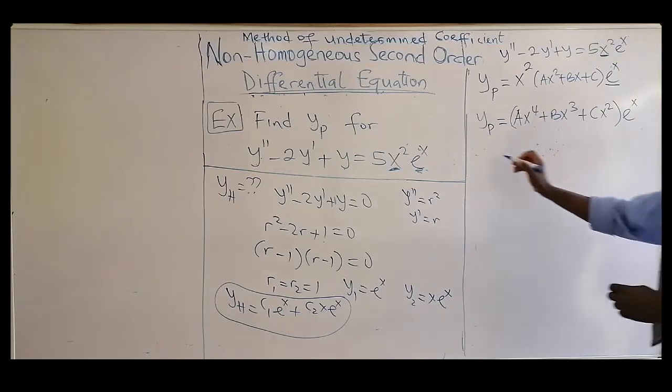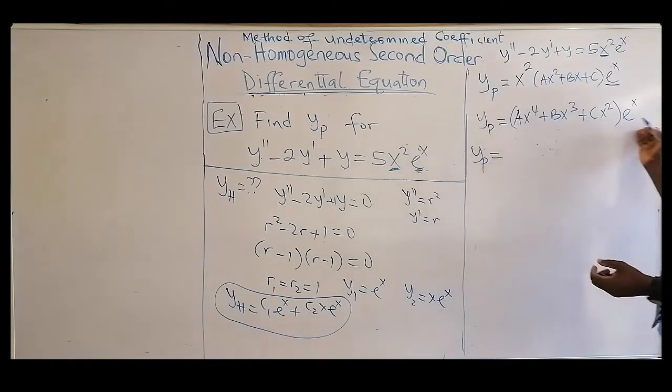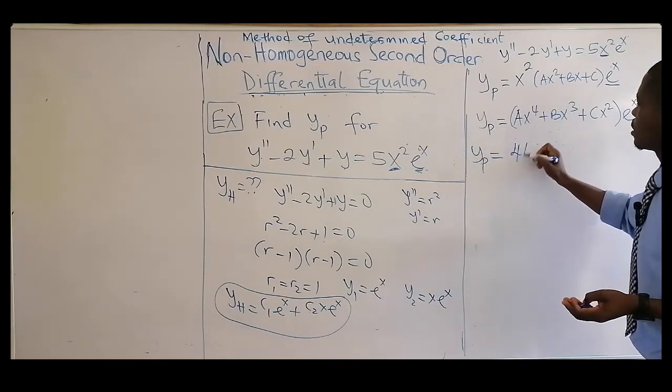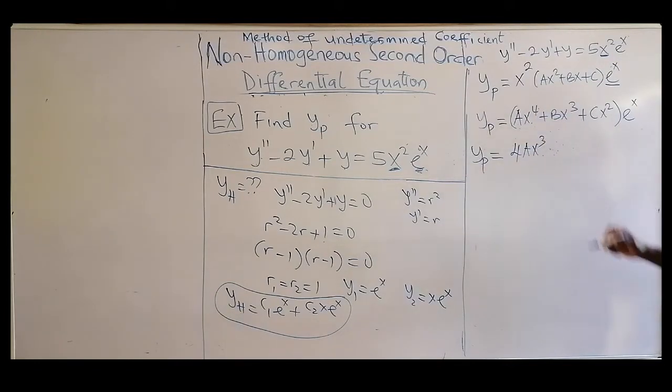Then I need to get the first differential. This is a product rule, so I'm going to differentiate this first part: I have 4a x^3, only differentiating x^4 since a is constant, then plus 3b x squared, then plus 2c x, keeping the exponential constant.